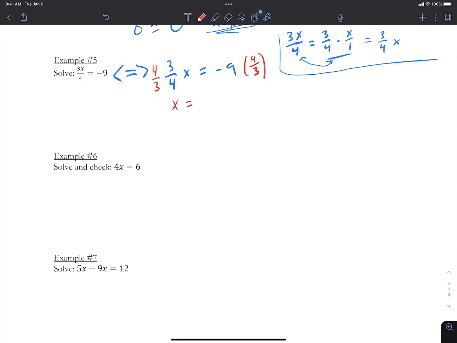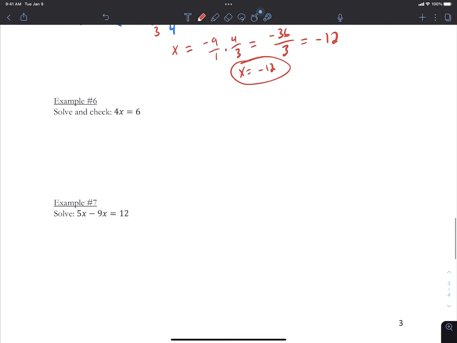And on the right-hand side, I have -9 over 1 times 4/3. If I multiply this through, -9 times 4 is -36 over 3, and -36 divided by 3 is -12. So x equals -12. That's the solution for that equation.